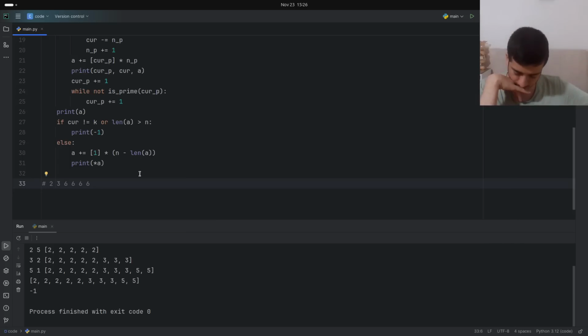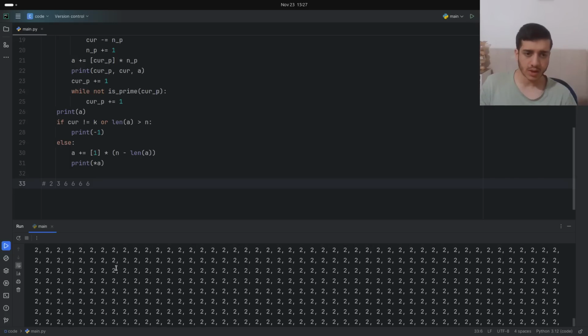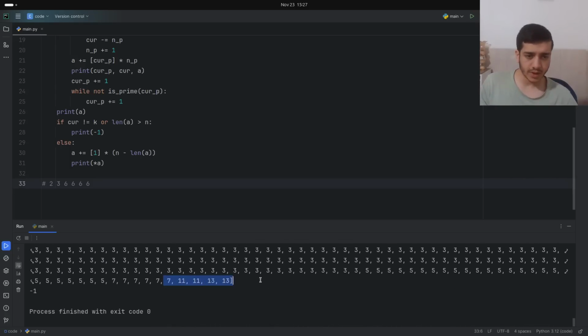Okay, now let's see what it prints. Oh, again -1, but it only uses very few number of primes. That's interesting, right?